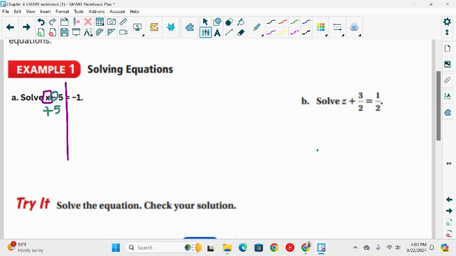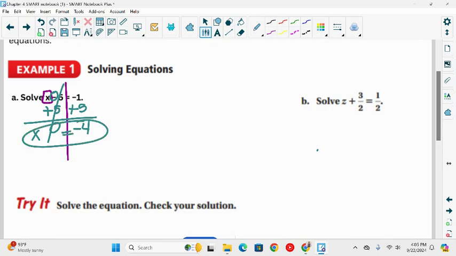So I'm going to add 5 because we also learned that these are each other's additive inverses, or they're each other's zero pairs, because negative 5 plus 5 ends up giving me a big whopping 0, which means it cancels out, leaving the only thing on that side an x. And whatever I do to one side, I have to do to the other side to keep it balanced. So I'm going to add 5 here. So I've got negative 1 plus 5, so if I punch that in my calculator, I get negative 4. And I can bring my x down. I have nothing else on the side with the x, just x by itself. So I know that x equals negative 4.